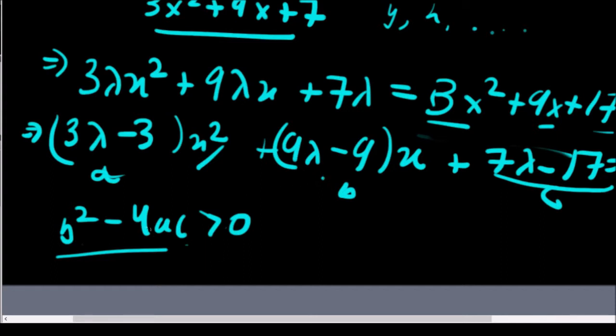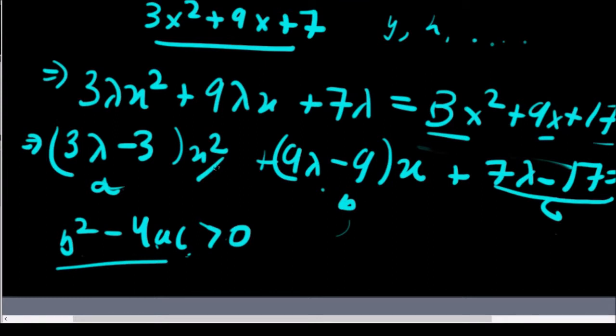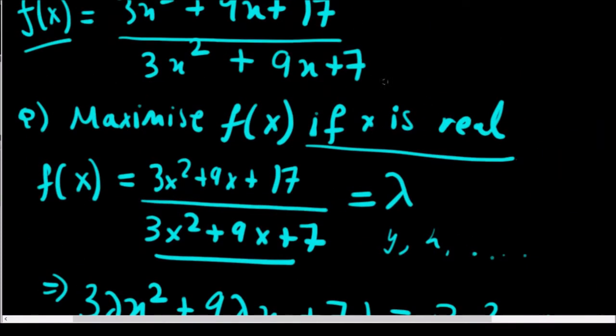Solving that quadratic inequality, I'll get a range of values for lambda which allows x to be real. Then once we have that range, we just have to choose the maximum value of lambda, and that will be our answer, since we just have to maximize lambda.